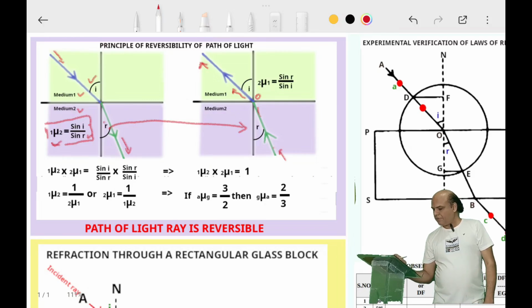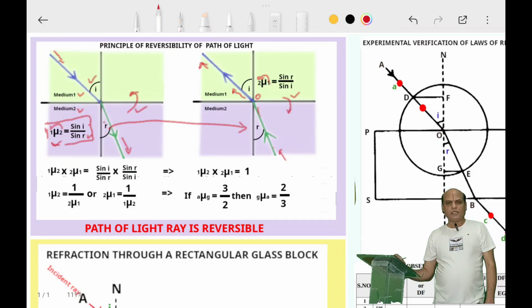So now here, suppose we call it the refractive index of medium 1 with respect to 2. Earlier it was the refractive index of medium 2 with respect to 1. Here it is the refractive index of medium 1 with respect to 2, so 2 mu 1.